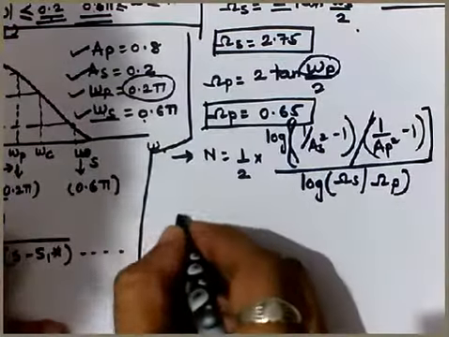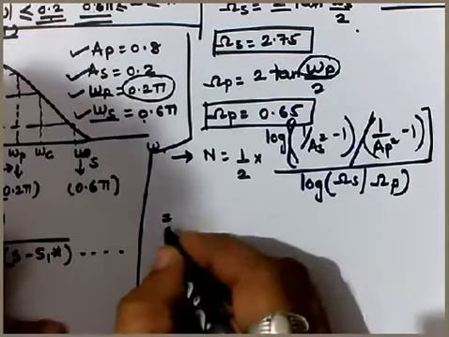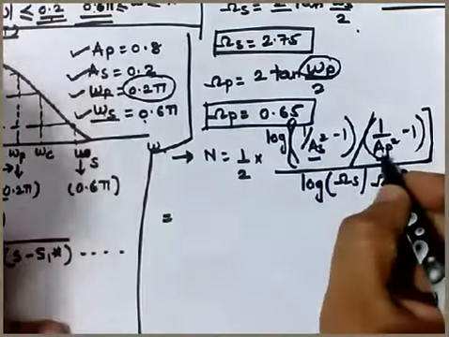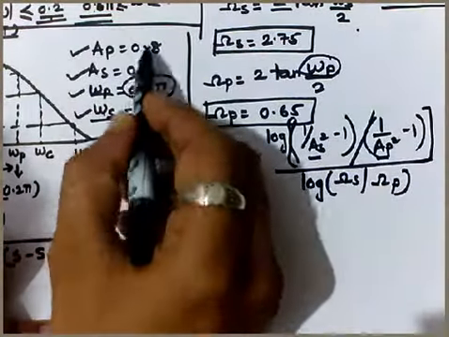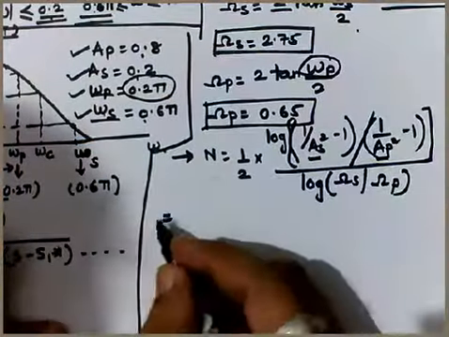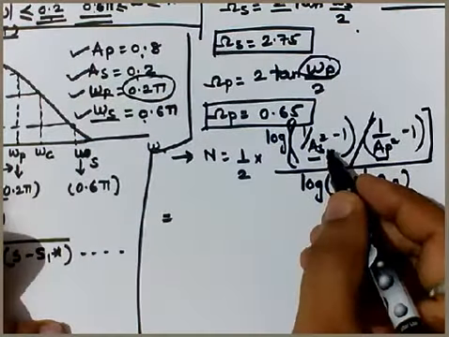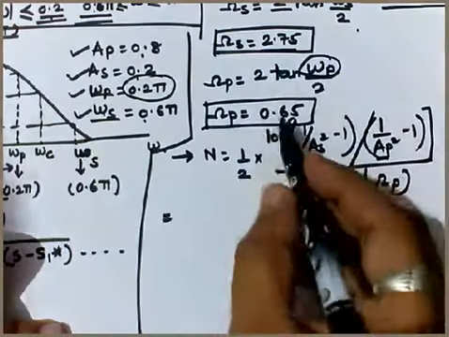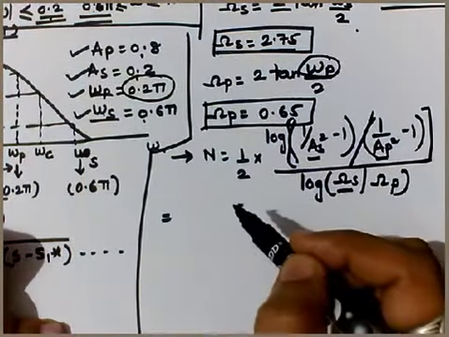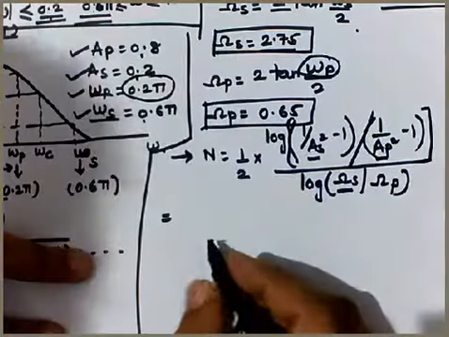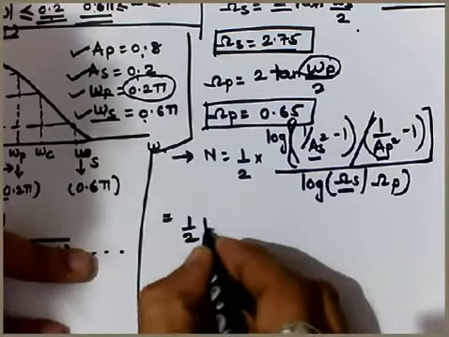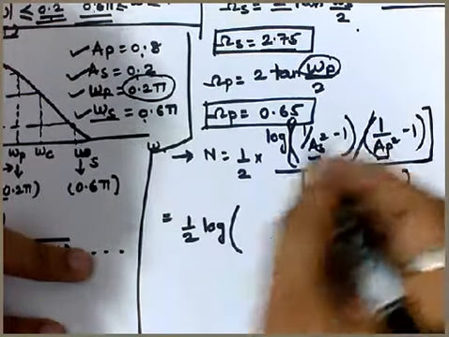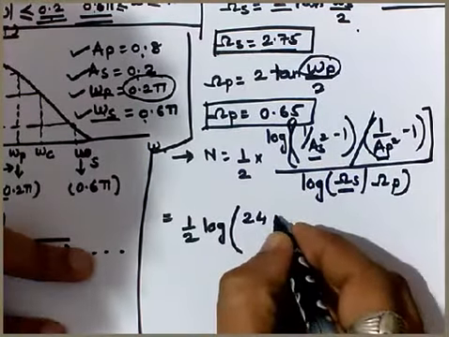Now once this is quite clear, let's put the values directly. AS and AP are nothing but the values 0.2 and 0.8 respectively. Just put the same values in the expression. Similarly Ωs and Ωp are nothing but 2.75 and 0.65 respectively. So by putting the values, it will become 1 by 2 log of (1 upon AS square minus 1), which gives the value 24.